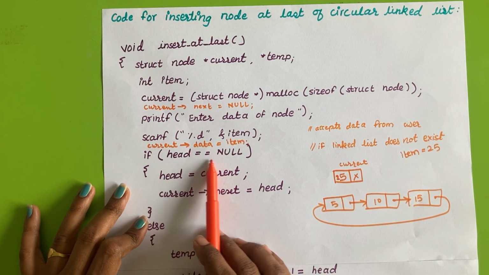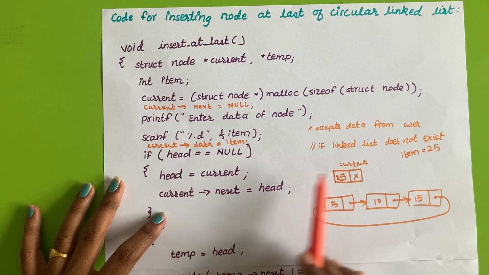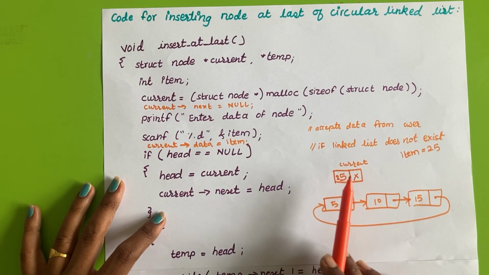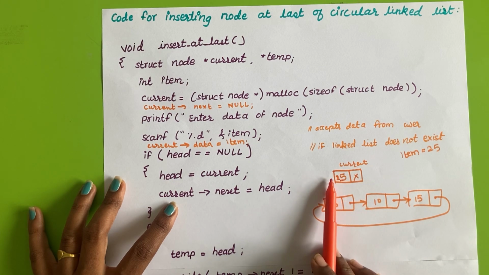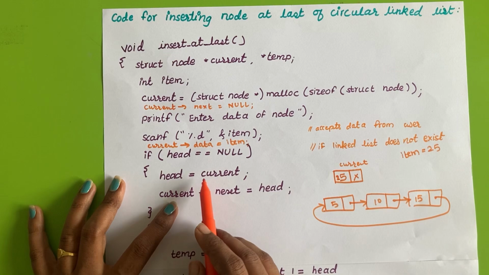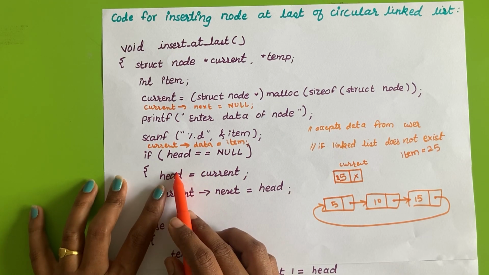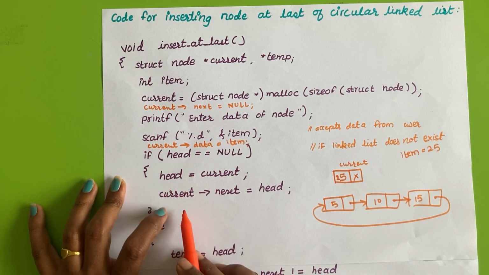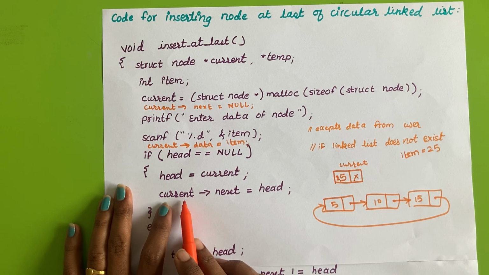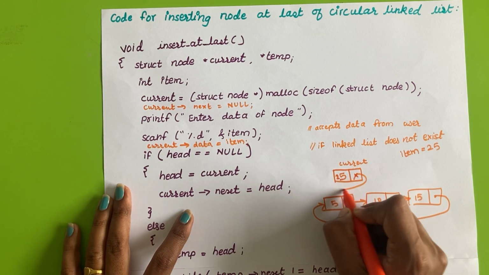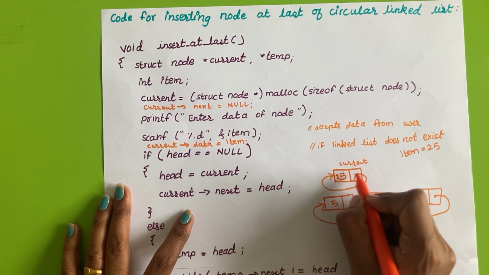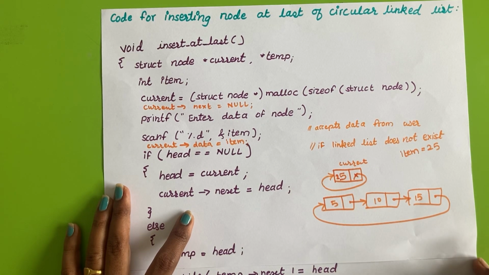So if head is equal to null, then the newly created node current will act as a head node, and its next pointer will be pointing to the node itself. Okay, so the first statement is current node will be assigned as head, and the next statement will be current next is equal to head. So here this will get updated and this will point to the node itself.